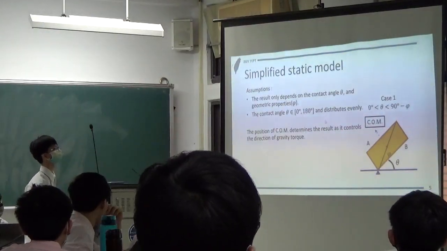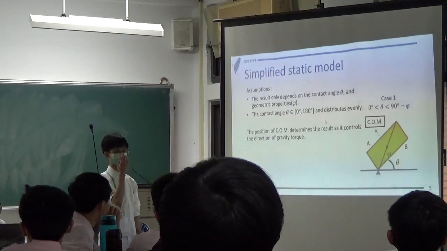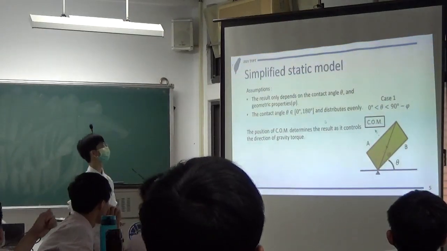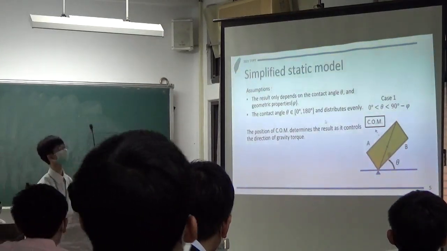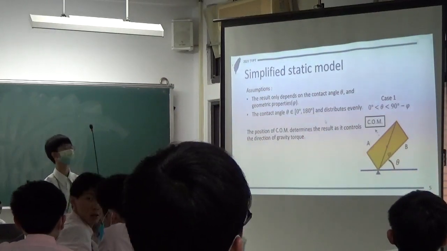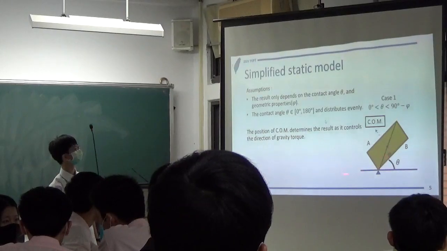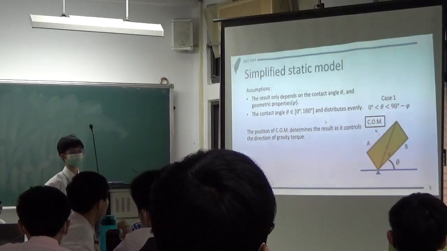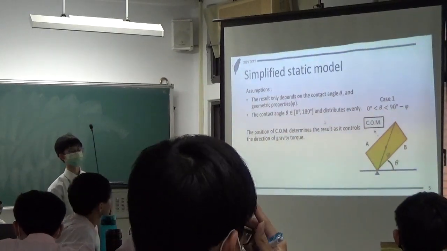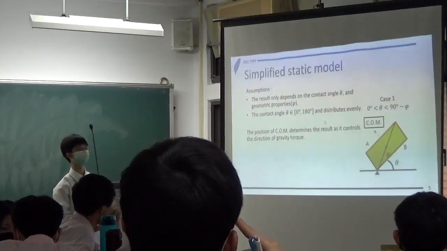To simplify the static model, we should have two assumptions. The first is that the result only depends on the contact angle theta and the geometric property phi, just this angle, which means that we don't consider the rebouncing of the cylinder.